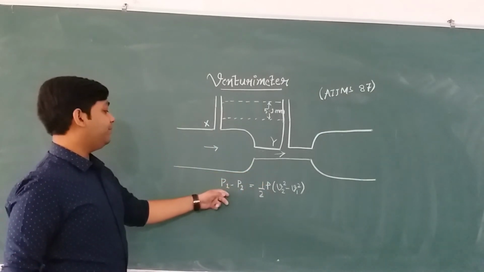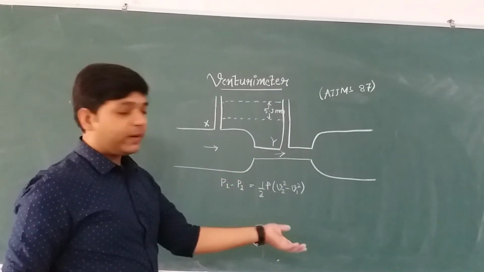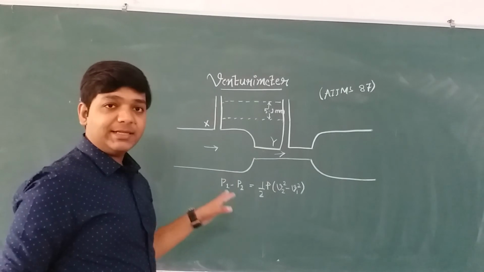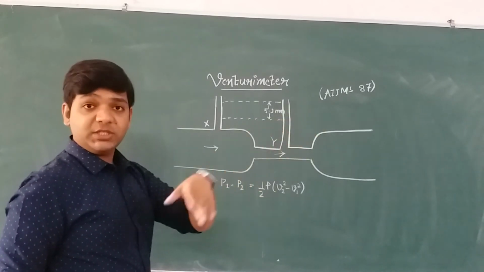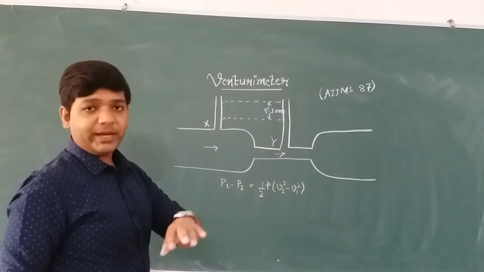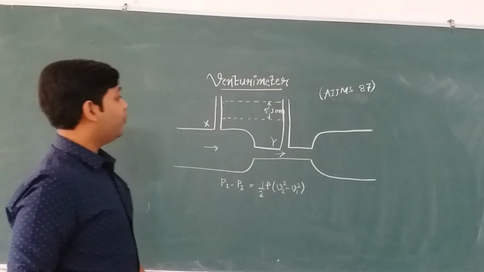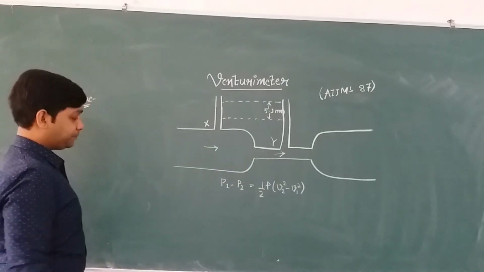Now write P1 as P0 plus rho gx, and P2 as P0 plus rho gy. P0 will get cancelled, and you will be left with rho gx minus rho gy. Then rho g is taken out common, and it is x minus y, and x minus y is equal to the height, which is given to you as 5.1 mm, right?